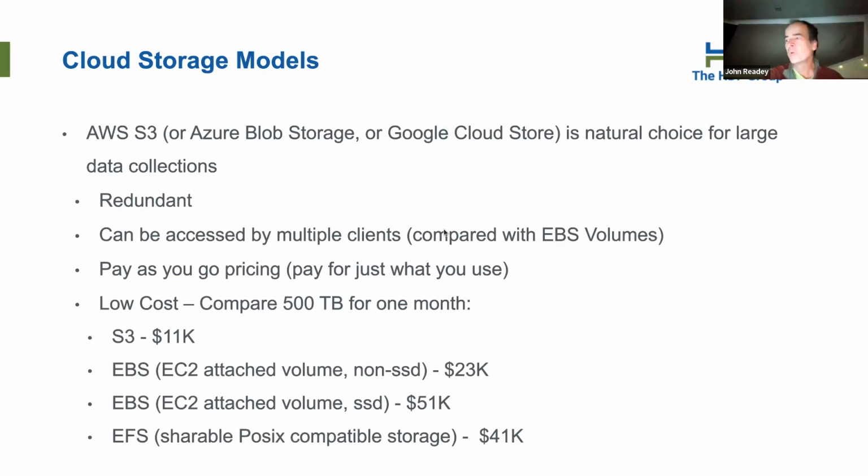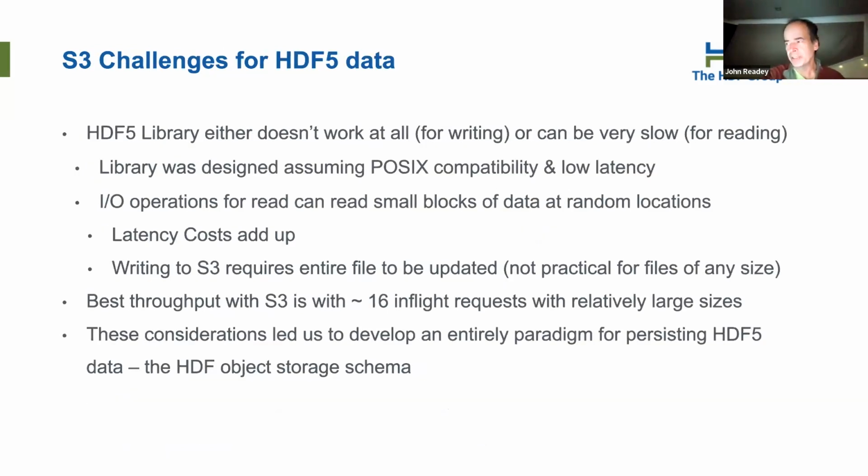So when you try to read HDF5 data in S3, the problem is the library is designed assuming POSIX compatibility and low latency. You have a set of operations that need to read from storage, and the extra latency you have with S3 adds up and inhibits your performance.